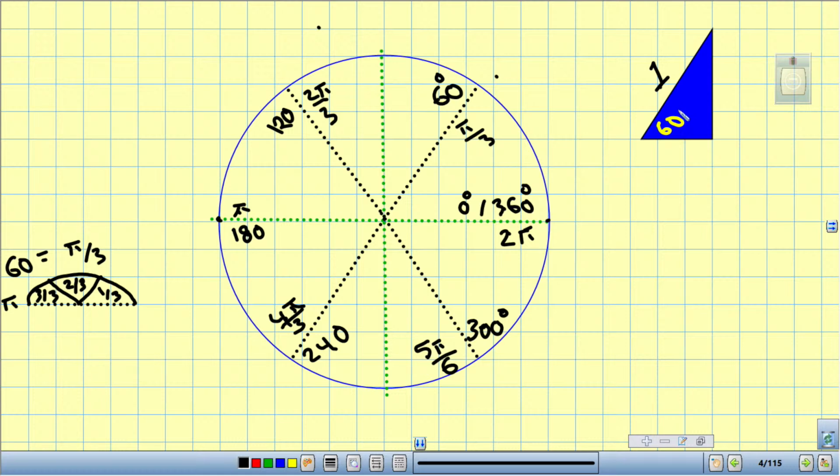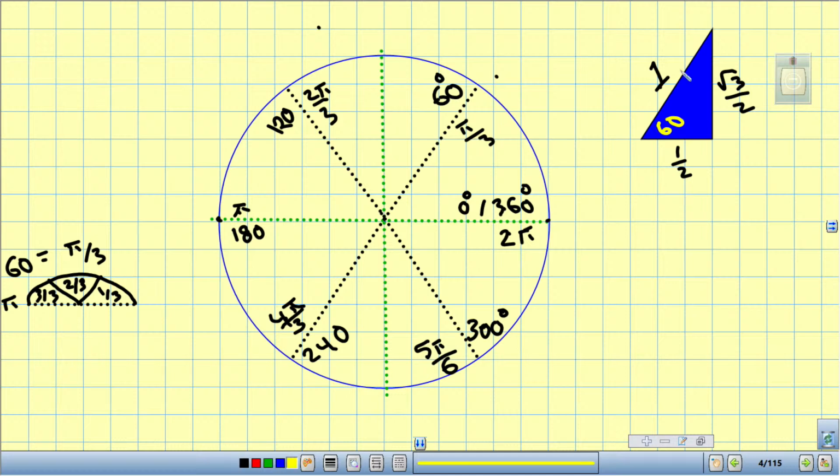Look at whatever is next to the 60, and it should be the smaller side, this guy here. Yep, it's just 1/2. So I'm going to put 1/2. The longer one is obviously more than 1/2, which is square root of 3 over 2.